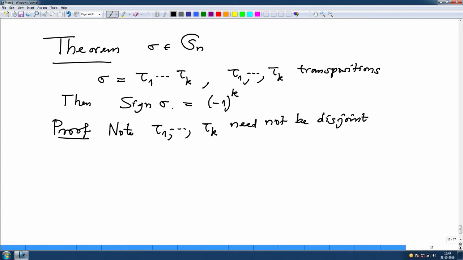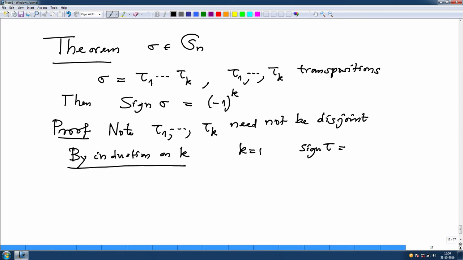I want to check this formula by induction on k. So, start when k equal to 1: sigma is a transposition, and we have checked that the sign of a transposition is minus 1.